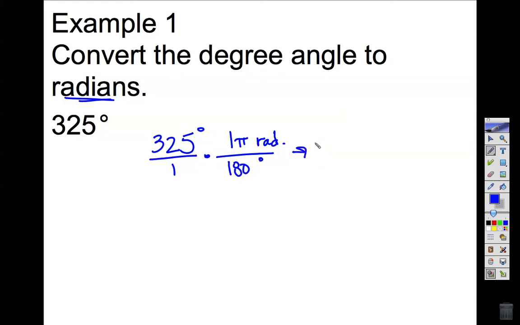When we multiply this out, we are going to get 325 pi radians over 180. This degree and this degree reduce each other out, and I'm left with radians. When you simplify this, it becomes 65 over 36 pi radians.